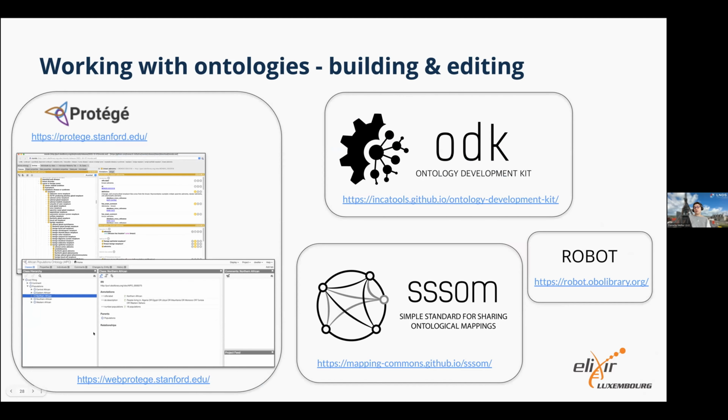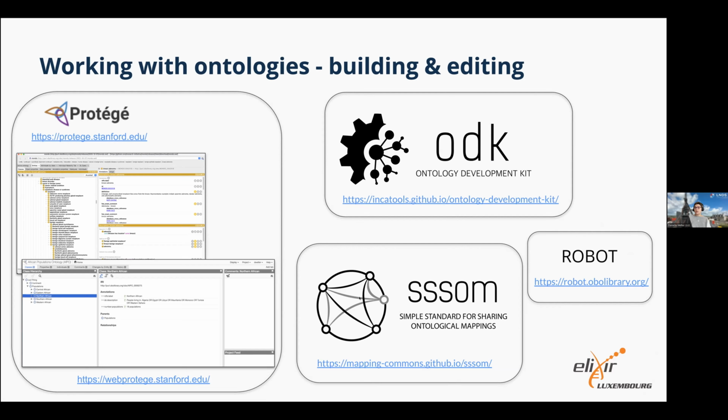If you do want to go into building ontologies, you would do well to use the Ontology Development Kit. It does a lot of the setup framework around, for example, using GitHub, continuous integration, doing the release process, and so on. And I can't recommend it enough. We've migrated several ontologies recently to the ODK, and it makes your life so much easier.